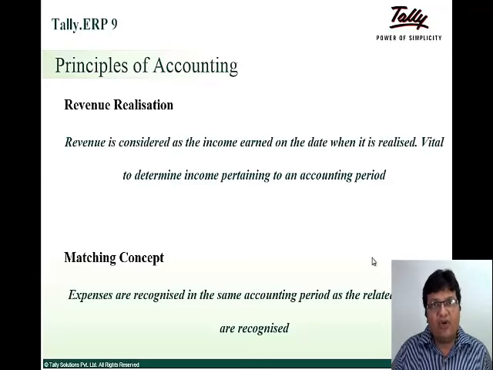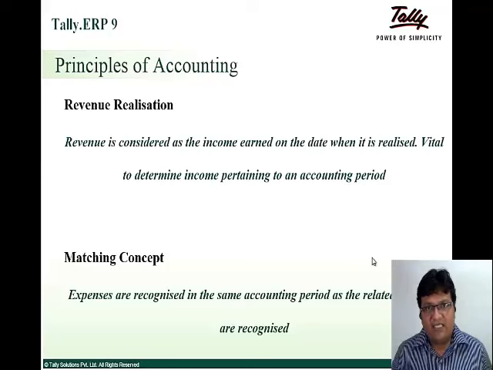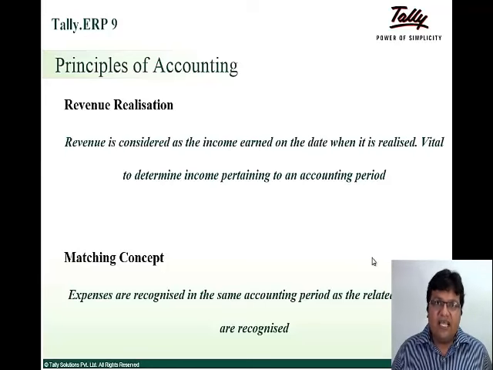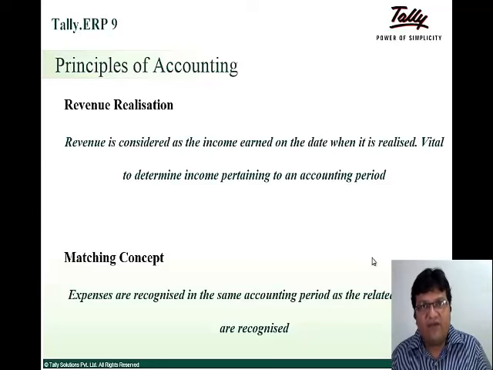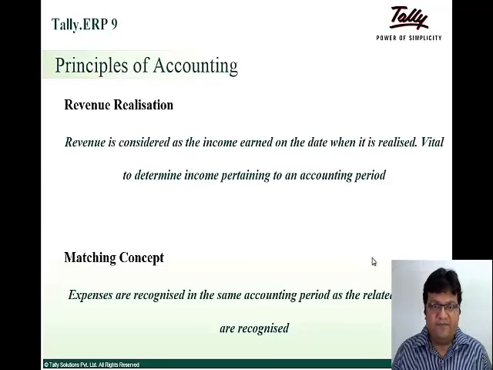Whatever expenditures you are doing in the month of March are considered to be the expenses and revenue for that particular month. So your matching concept is revenue, that is incomes in the month of March, and expenses which are there in the month of March.